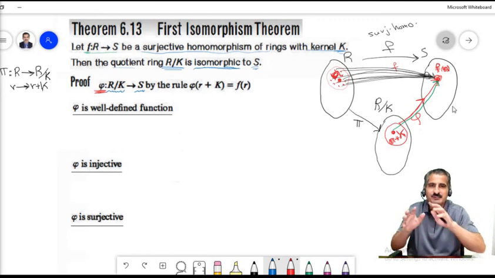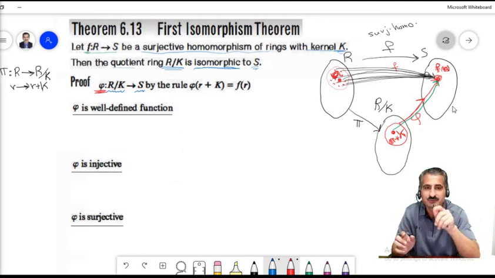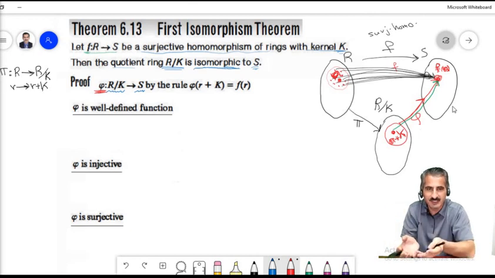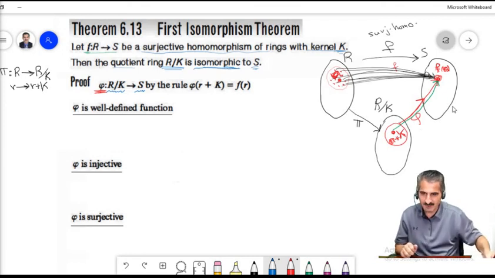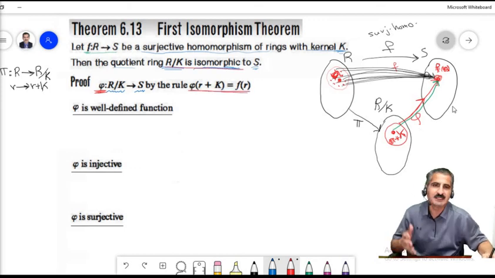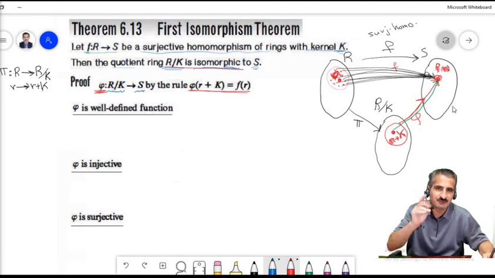So we factored R with respect to the ideal kernel, and then we sent each coset to some specific element. And then we got an isomorphism. This is the whole idea. Now, to prove this isomorphism, we need to show that this is now an isomorphism. I will show that the map is a homomorphism, one-to-one and onto.